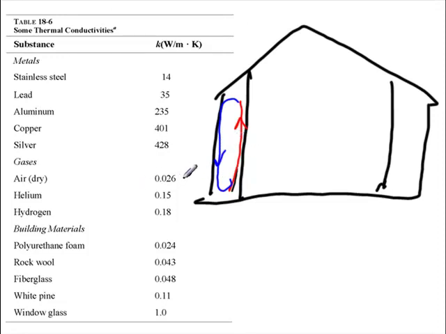And even though air is a lousy conductor, these cycles will transport a lot of energy from inside to outside the house when it's on a cold day, and it'll transport it the other way on a warm day. What things like polyurethane foam, rock wool, fiberglass do, they are mostly air, and most of the insulation is done by air.